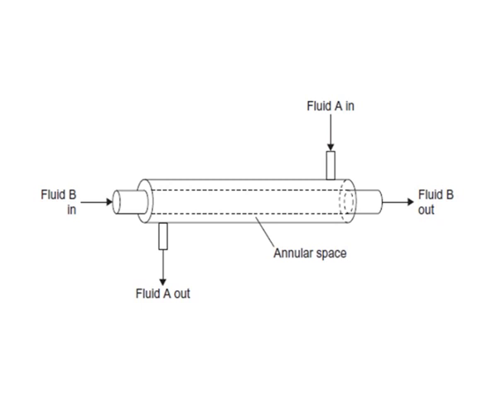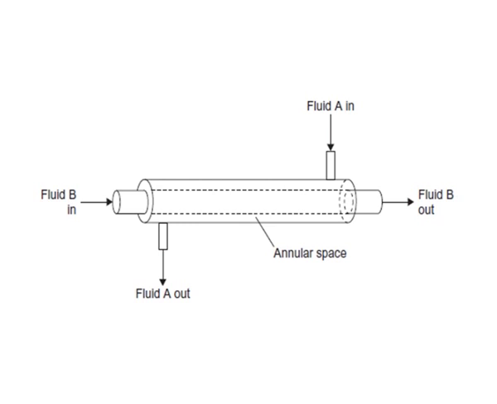Section 1.2, Tubular Heat Exchanger. The simplest non-contact type heat exchanger is a double pipe heat exchanger consisting of a pipe located concentrically inside another pipe. The two fluid streams flow in the annular space and in the inner pipe respectively.